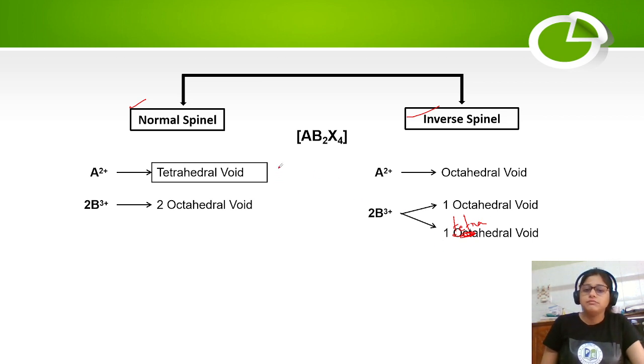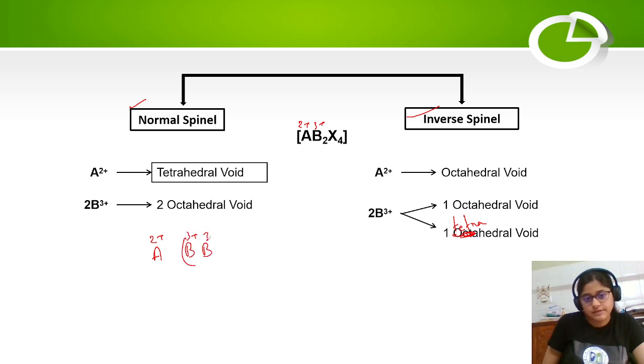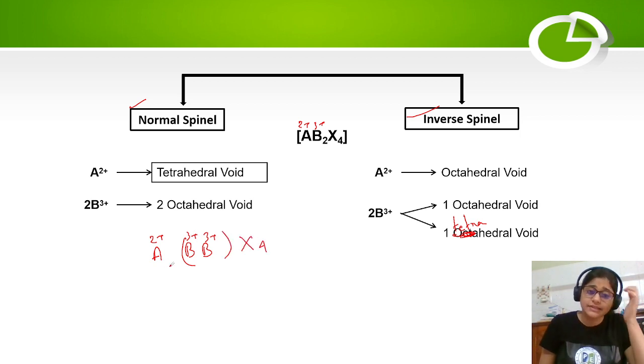So actually what is happening here? If we write, this is 2+, this is 3+. So I am writing here A2+, B, let's say 3+ and 3+, and X4. So here what is happening is an exchange of the A to B and B to A. A is going inside, to the octahedral void, and B is going out to the tetrahedral void.